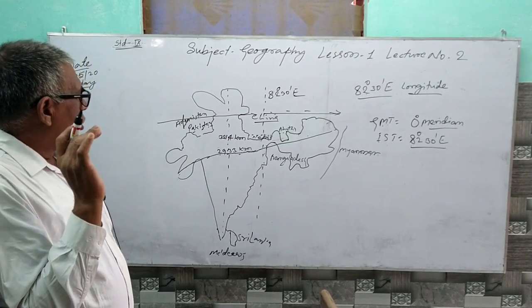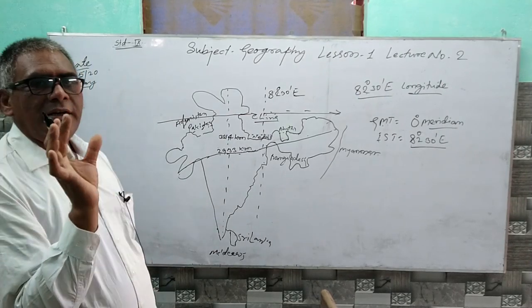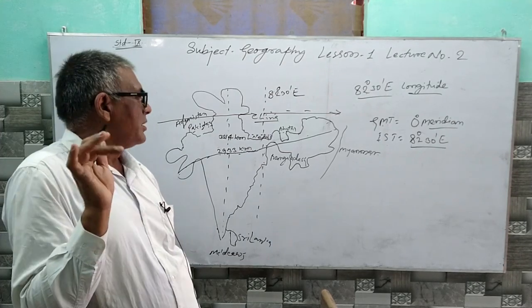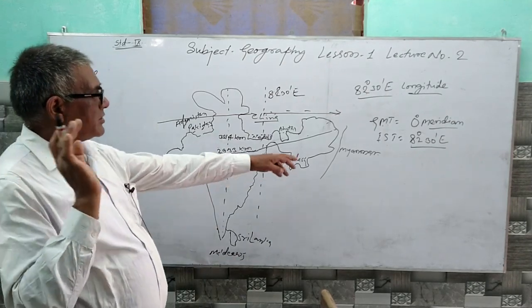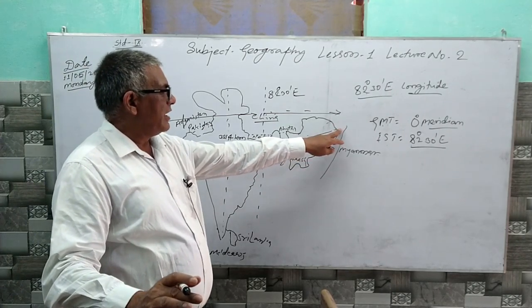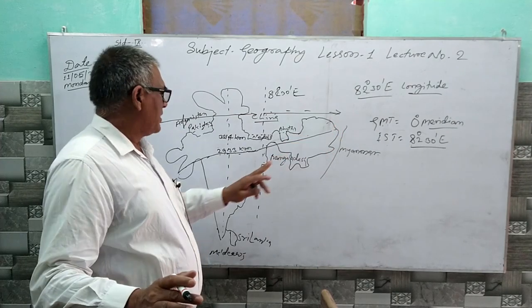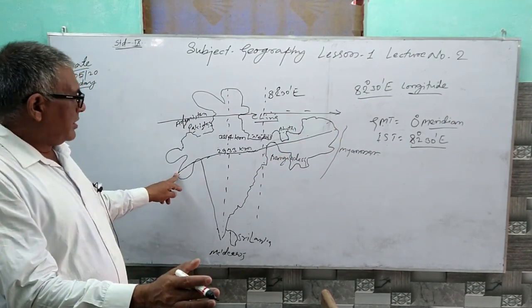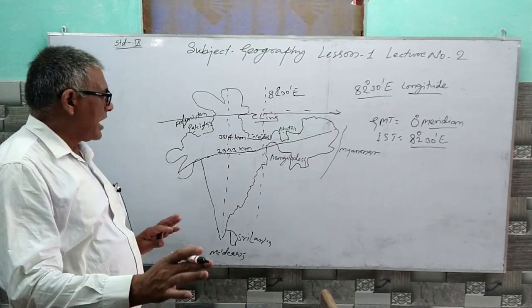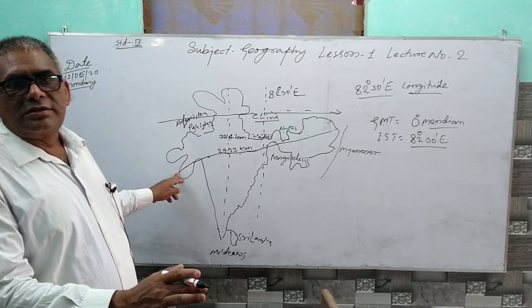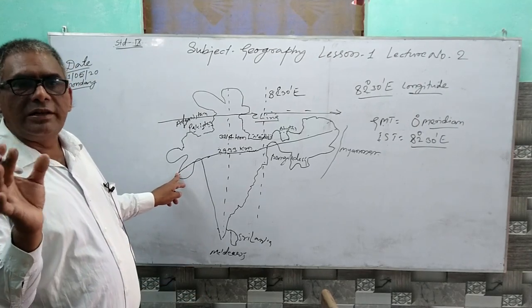You have also learnt that India has no time dispute despite a 2 hour difference between sunrise in Arunachal Pradesh and sunrise in Gujarat. It means in Arunachal Pradesh the sun rises 2 hours earlier, and in Gujarat the sun rises 2 hours later.